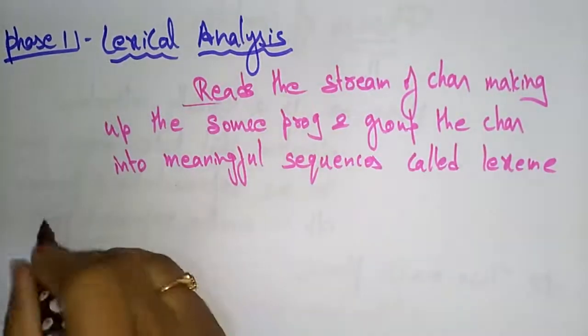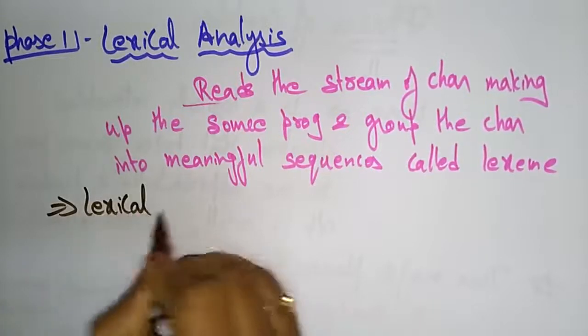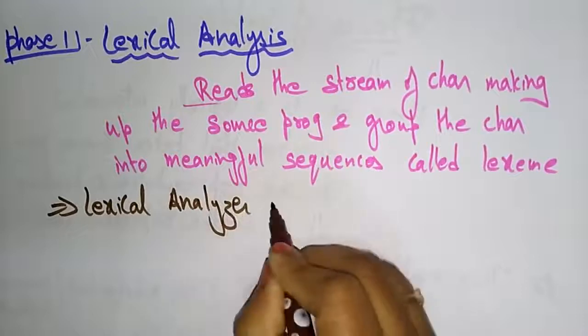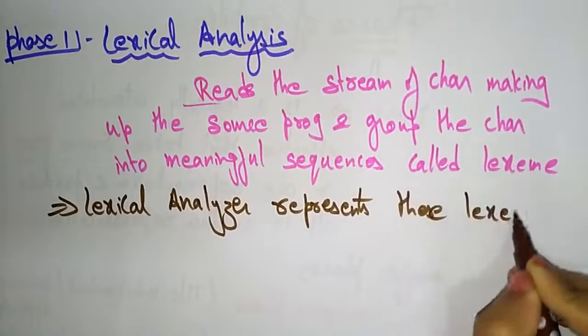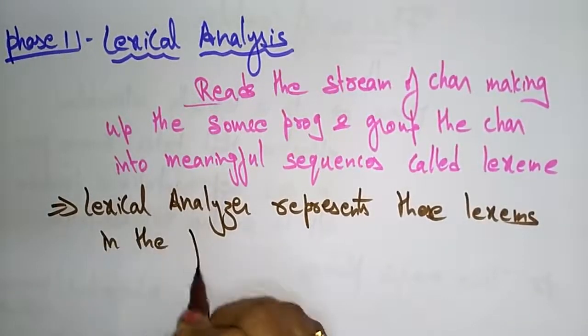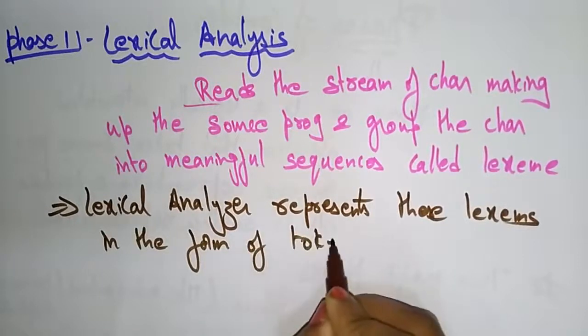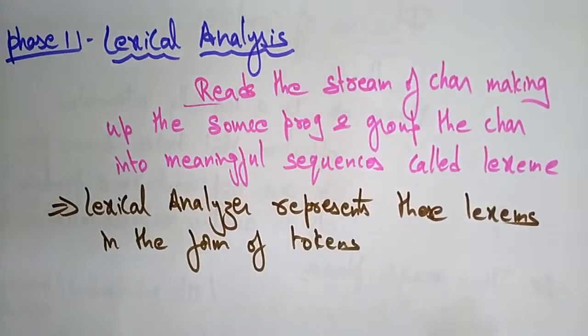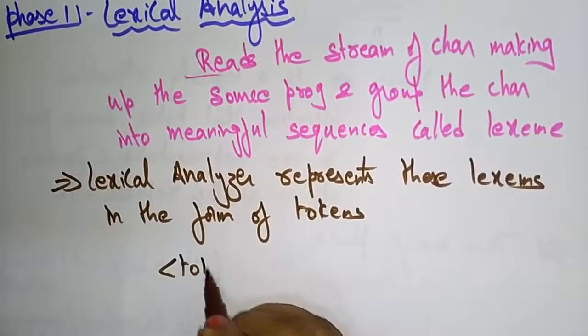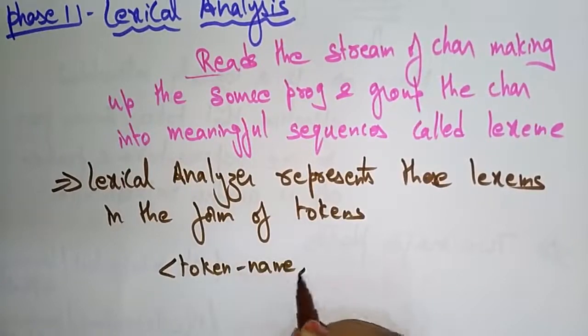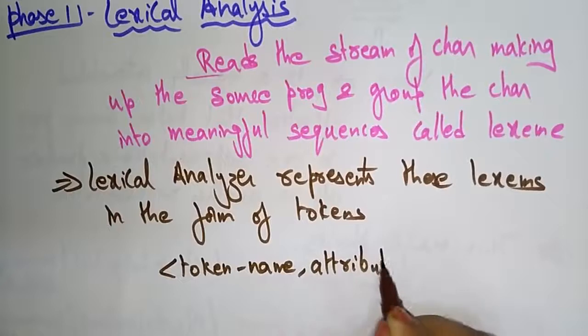So in the first phase it reads the sequence of characters and groups them, and those lexemes are called tokens, in the form of token name and attribute values.